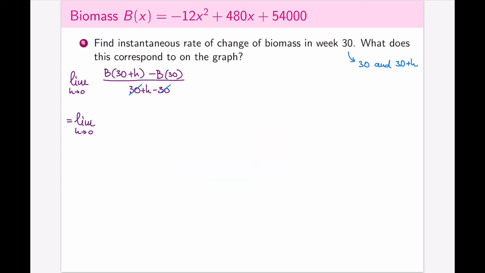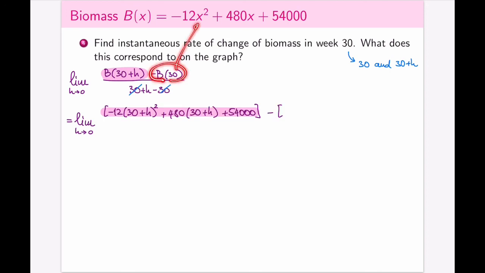So what we're going to have here is minus 12, 30 plus h all squared, okay? All squared, not just h squared, 30 plus h all squared, plus 480 times 30 plus h plus 54,000. That is going to be my first term right here, minus, and then I'm subtracting the term b of 30.